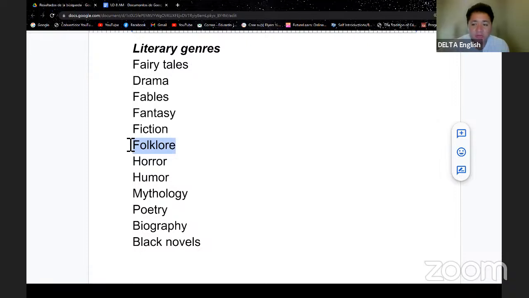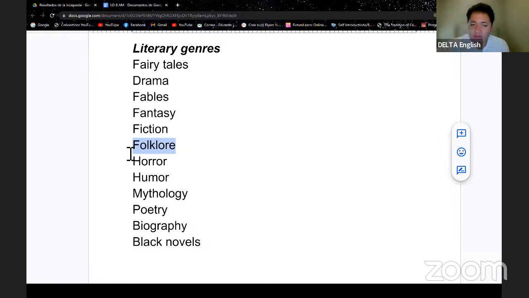I can think about maybe the legend of La Llorona, right? That's folklore, but that could also be horror, right? Folklore could be the story of the volcanoes, Popocatépetl and Iztaccíhuatl.